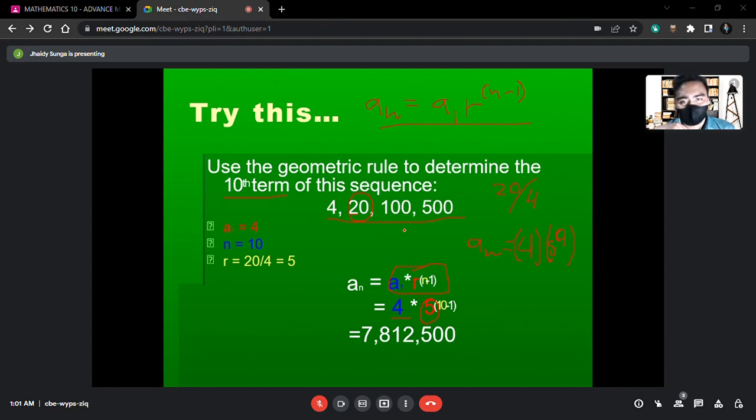We get this first, then after we get the value of this one, we simply multiply, and we get the value of a sub n. So that is how you use the rule for geometric sequences.